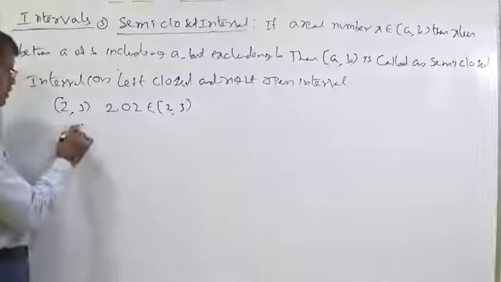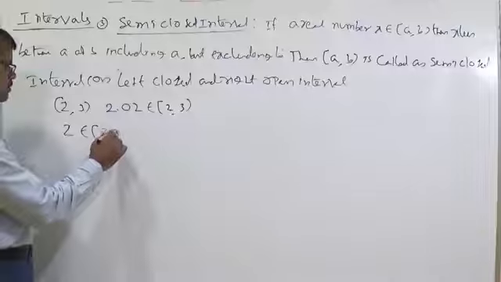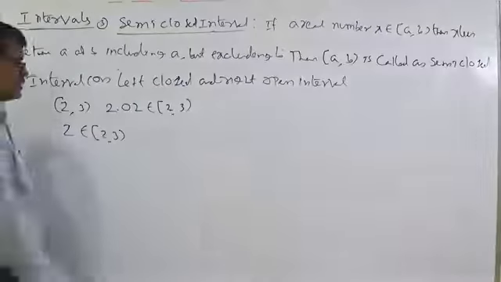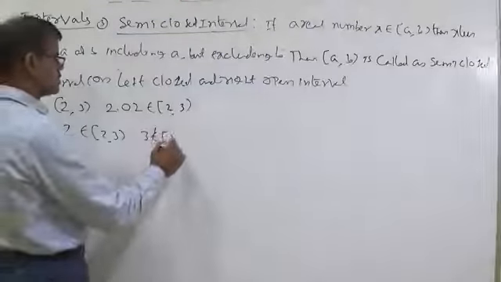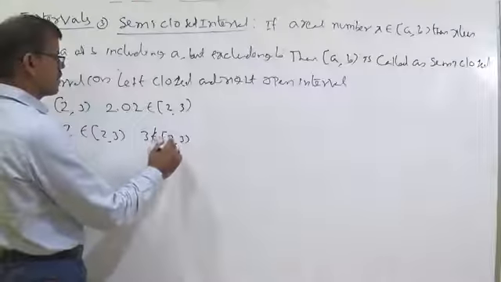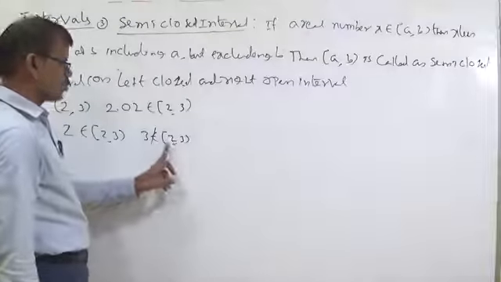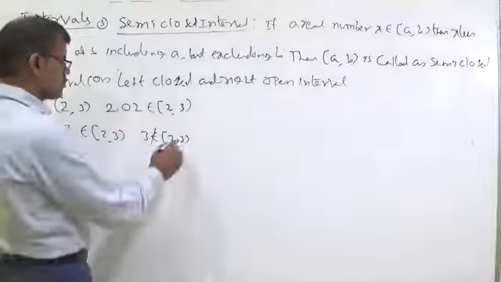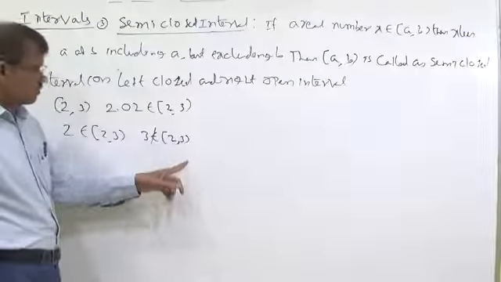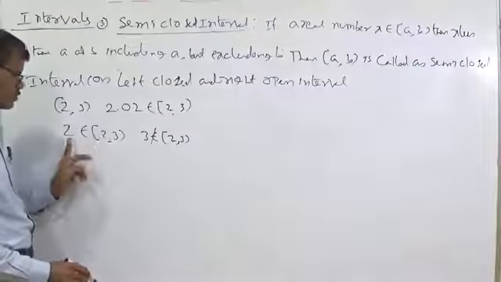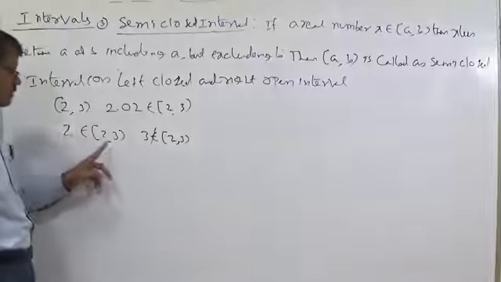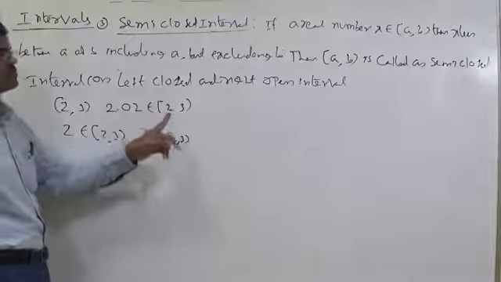If you write only 2, it belongs to [2, 3). If we write 3, it is not there. This means 3 is not there in the interval. Whenever you are writing 3 as open, you should understand that 3 is not there. Whenever you are writing 2 as closed, 2 is there. So 2 lies in this interval, and 2.02 lies between 2 and 3.